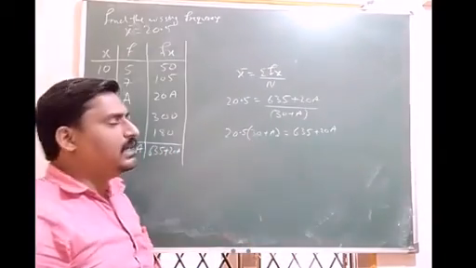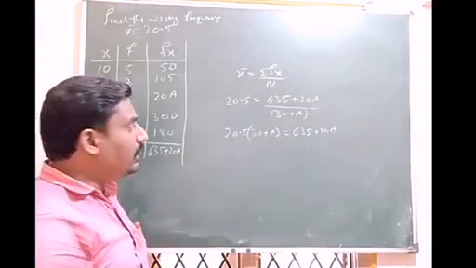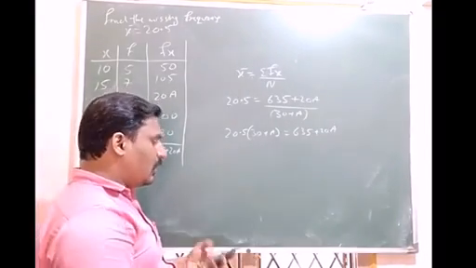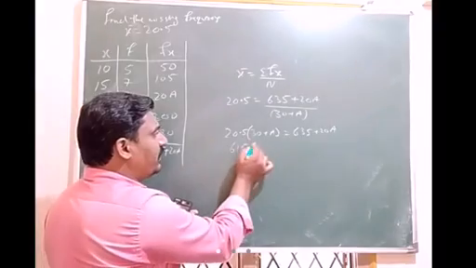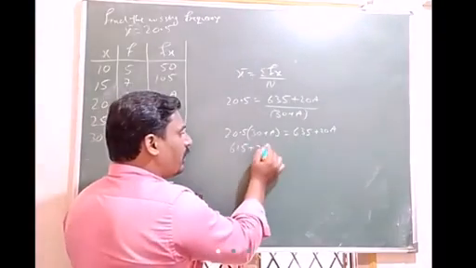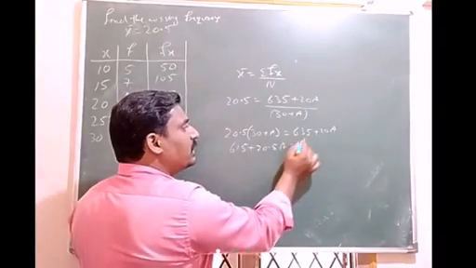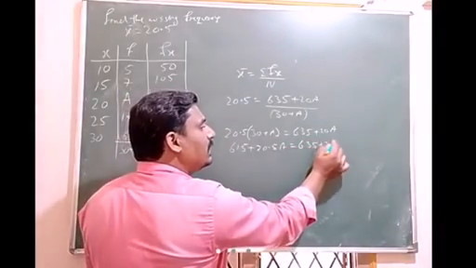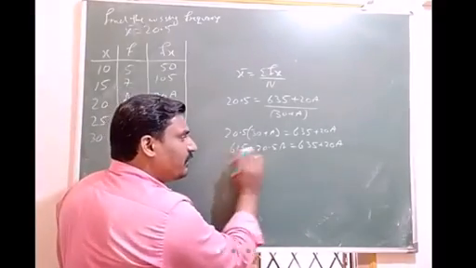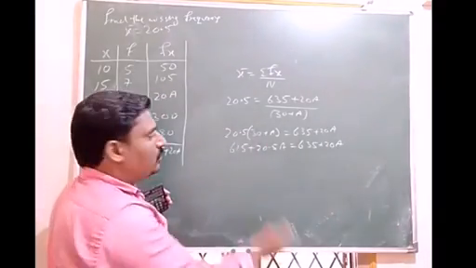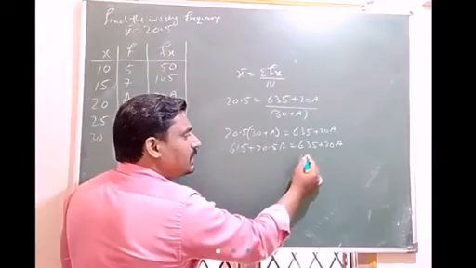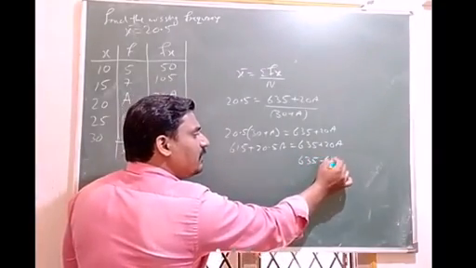So open the bracket: 20.5 into 30 is 615, plus 20.5A is equal to 635 plus 20A. Now send this 615 to the opposite side. There is a positive sign here, and when we send it to the opposite side, it becomes negative. So 635 minus 615.